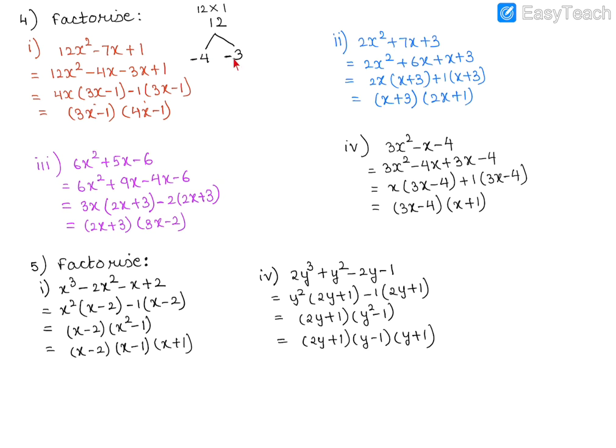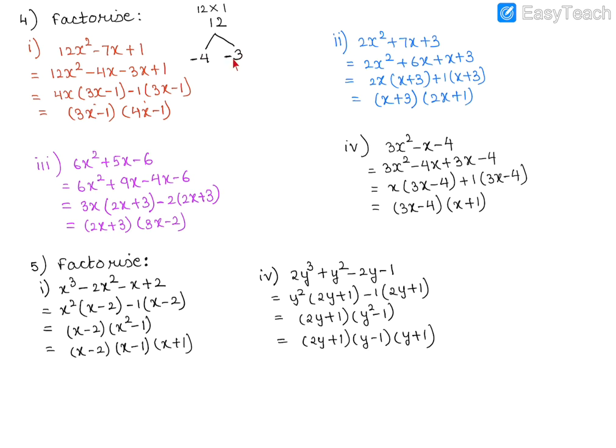Now minus 4 minus 3 is going to give me minus 7, and when you multiply minus 4 and minus 3, you are going to get a 12. So when you add this, you should get this center term. When you multiply this, you should get this 12. So this 7x is broken as minus 4x minus 3x.